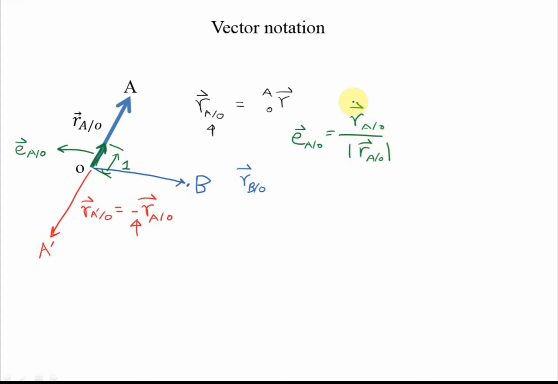That means the magnitude is 1 because we divide the R vector by its entire magnitude. However, the direction is the same. So this is the unit vector of our original vector from O to A.